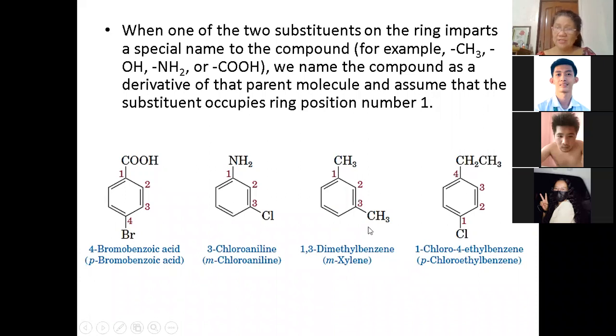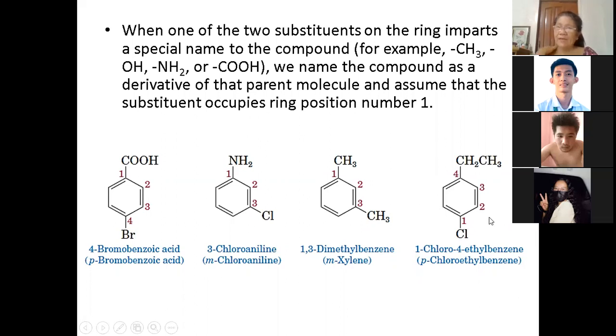These are your substituents, methyl. Then you add 1, 3, then how many methyl? Dimethyl. What's the parent? Benzene. Or you can have m-xylene. When there are two methyl groups, it is xylene. So it could be para-xylene, ortho-xylene, or meta-xylene.